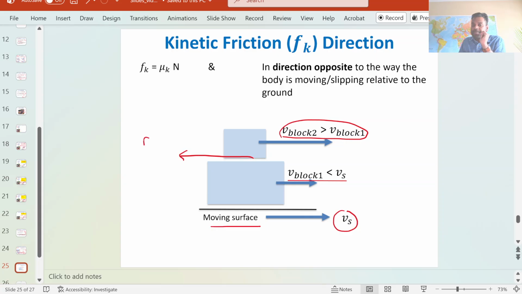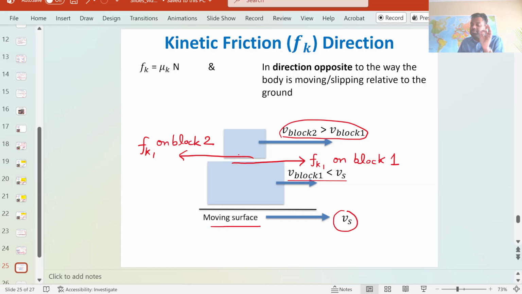So here Fk1 on block 2, and by Newton's action-reaction principle, block 2 will apply the same force on block 1, and that will also be Fk1 on block 1. They are equal and opposite.